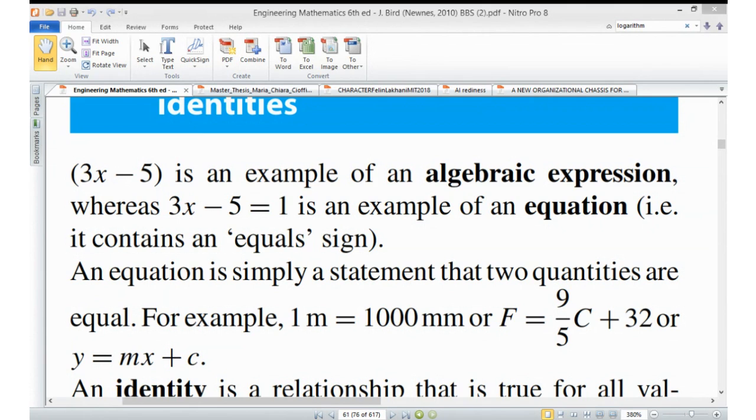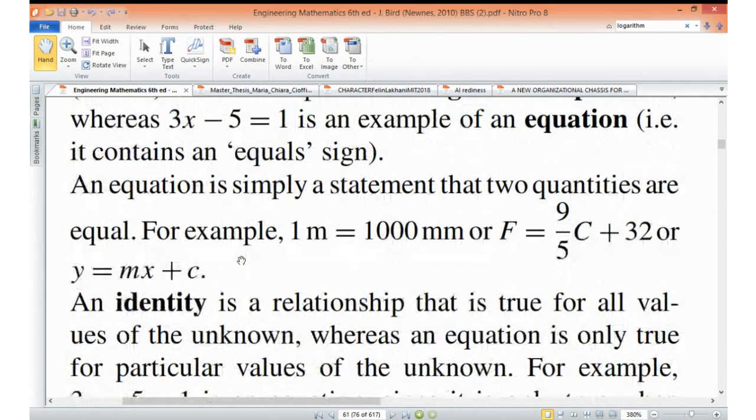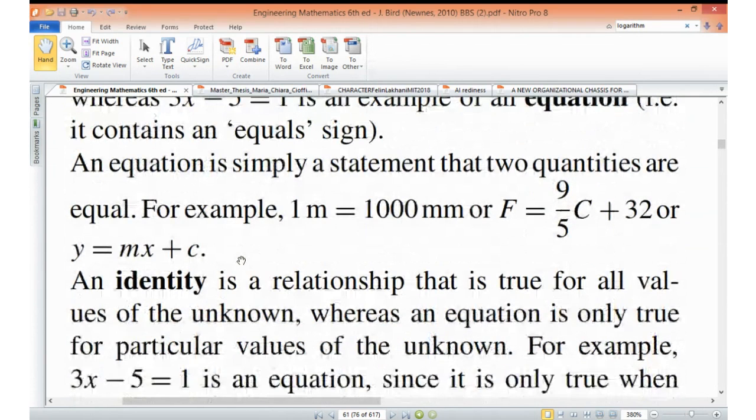Then what is this identity that we talk about in an equation? So identity will define the relationship between the values within an equation.